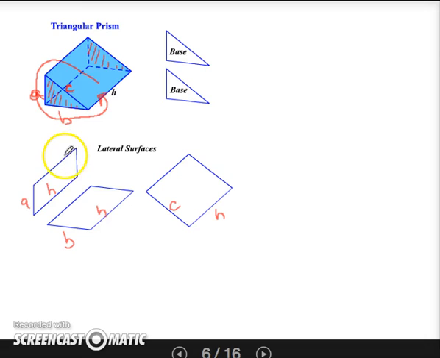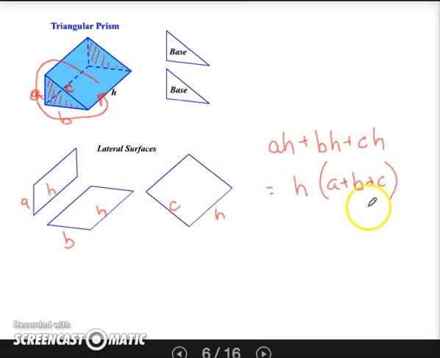So since a rectangle's area is base times height, we would have A times H plus B times H plus C times H. And simplifying that, we could factor out an H times A plus B plus C. And this suggests something that we're going to be able to generalize.